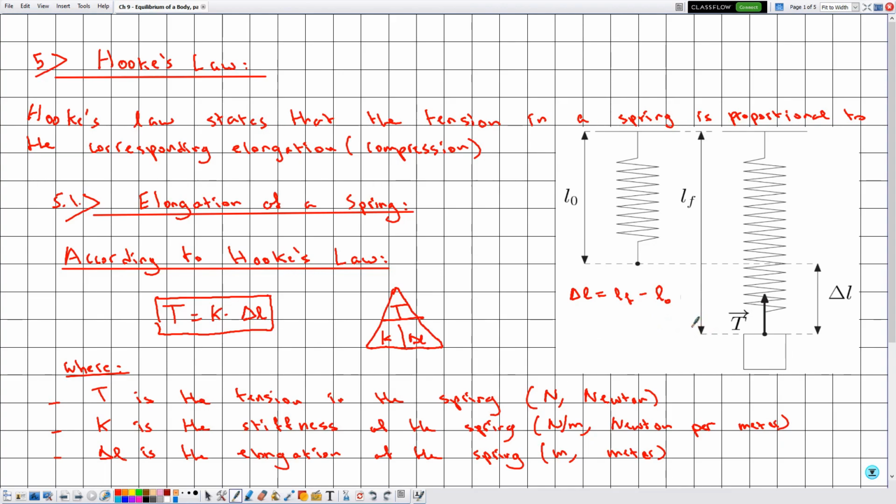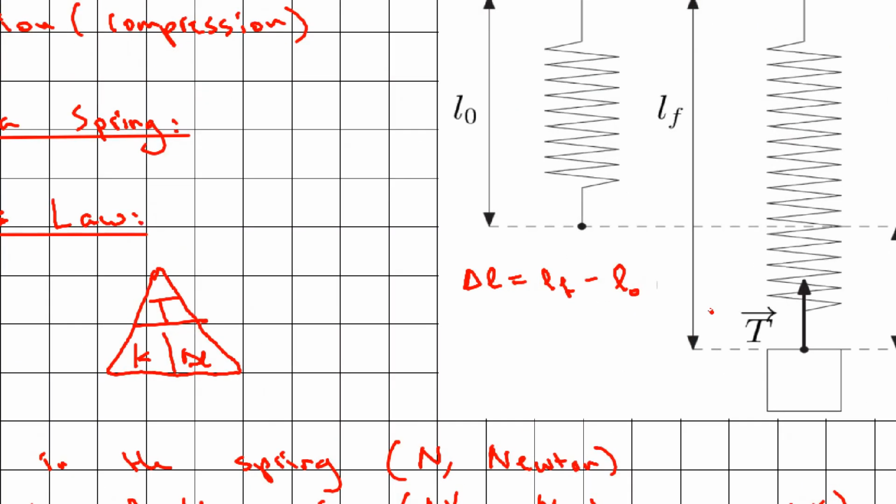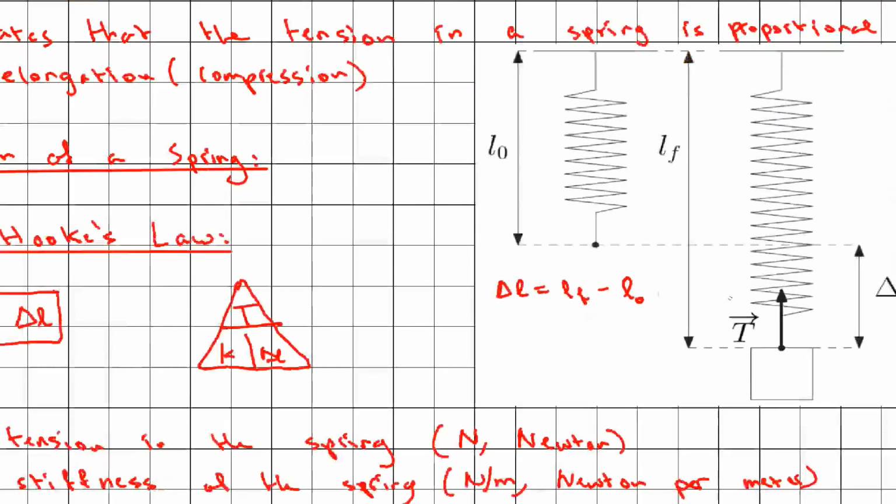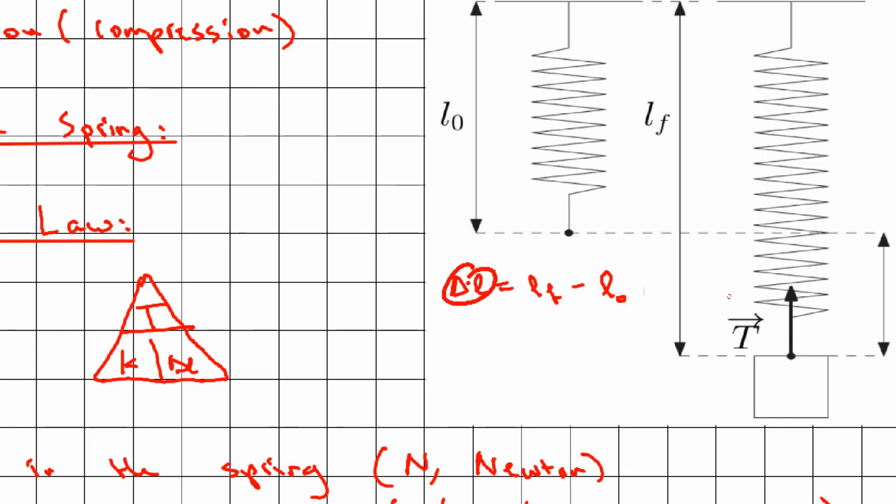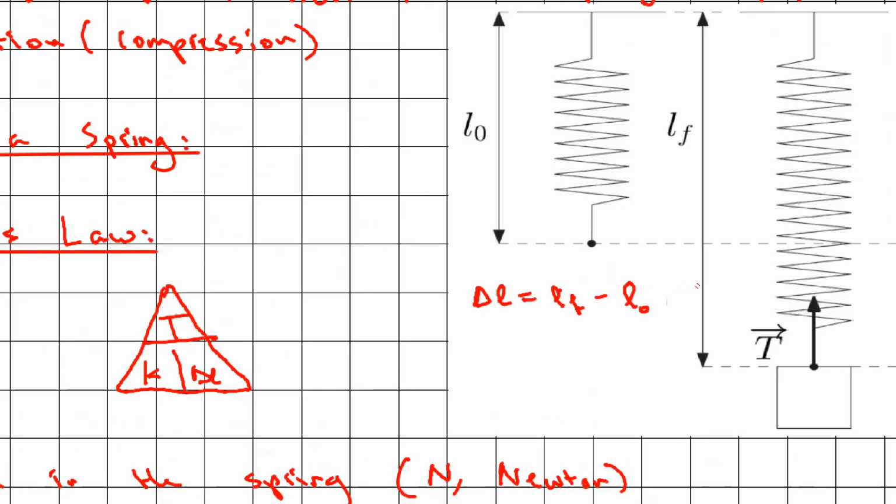Now let me also mention the following note regarding this equation. Now this is a linear equation, but here what I have considered is that delta L is the unknown, but at the same time you can consider, for example, LF is the unknown, where delta L and L0 are given. So if the final length is unknown, we have that delta L is equal to the final length minus the initial length.